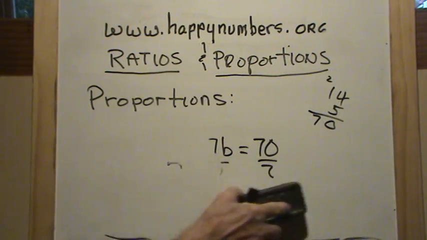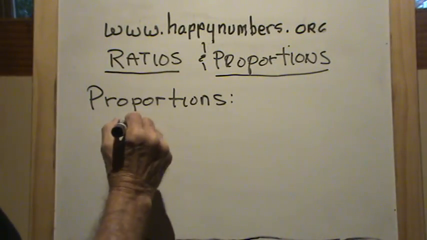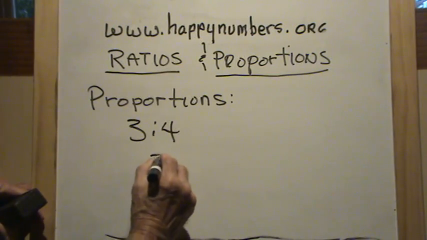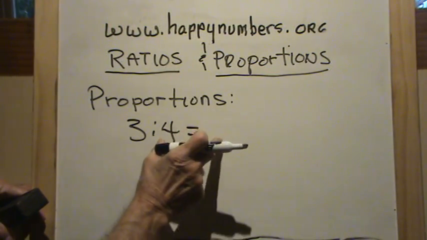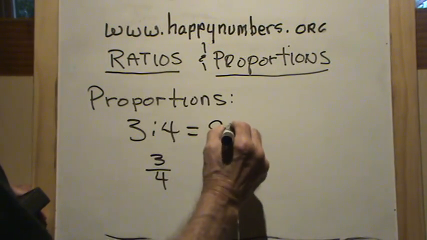Quick review. A ratio compares two numbers. 3 is to 4, or we can write it 3 is to 4. A proportion compares two equal ratios. 3 is to 4 as 9 is to 12.